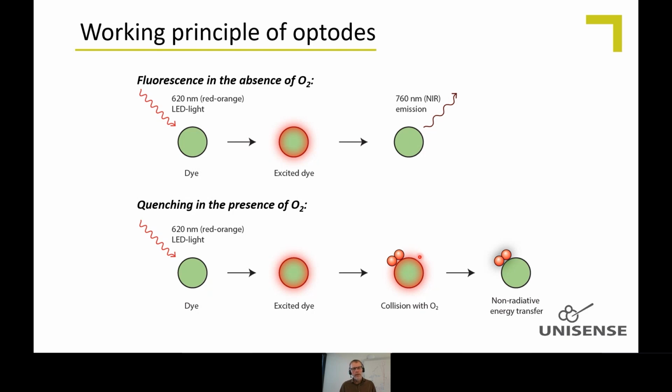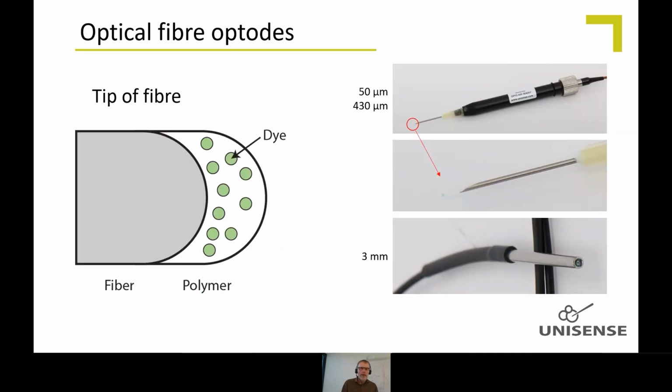If oxygen is present, that will quench, or so to say, take the energy out of the excited dye, so it will not be emitted as fluorescent light, but will be a non-radiative energy transfer. And the more oxygen that is present, the less fluorescence is emitted.